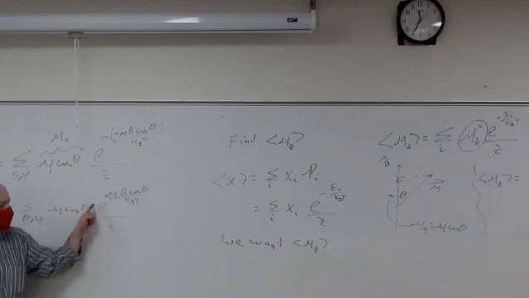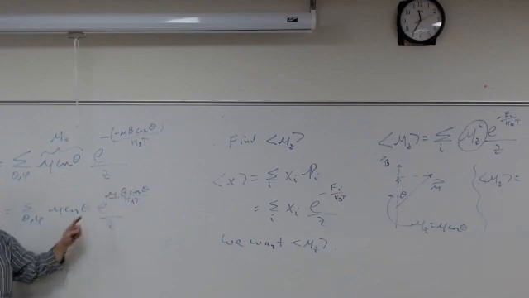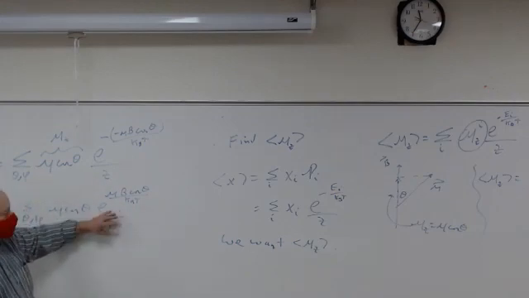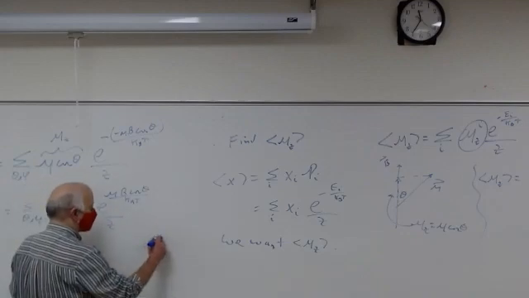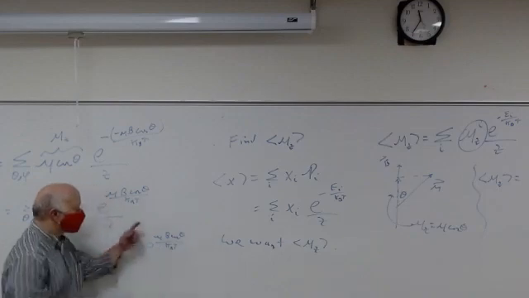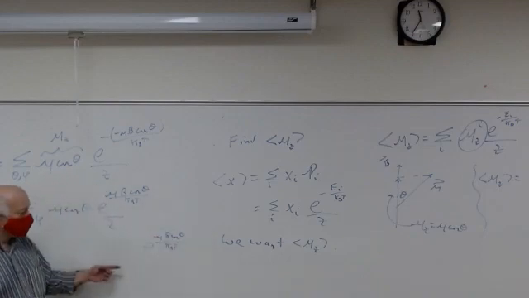What can I do with this term? Take a logarithm? We're going to take a logarithm. But if I just had this here, what would happen if I differentiated with respect to B? I'd pull out a mu cosine of theta over kT.